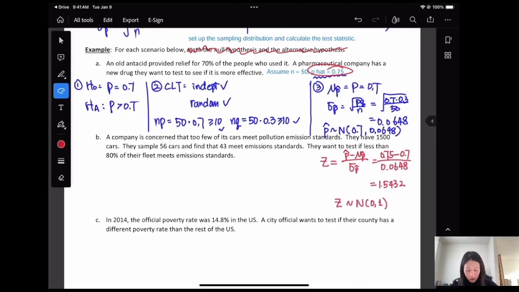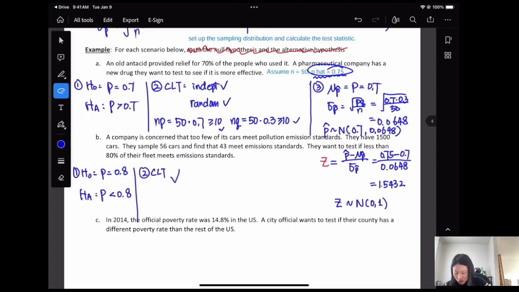Okay, so now B, we will use the same way to do that. Our null hypothesis is the current status, which is 80% of the fleet meets the emission standard. But the alternative is something that we are trying to prove, which is less than 80%. And the central limit theorem, we already did that.